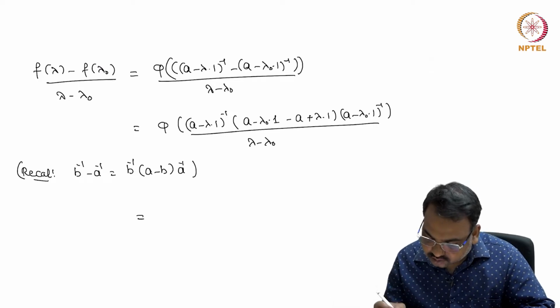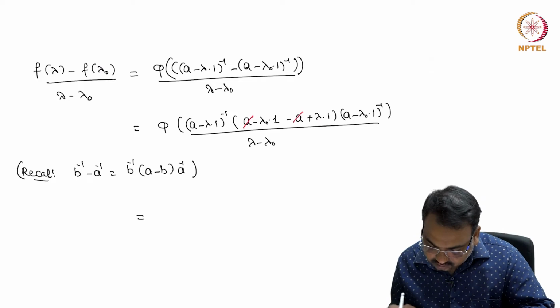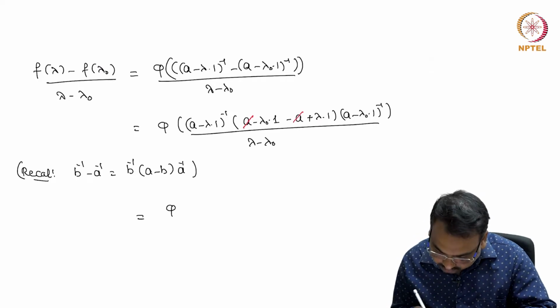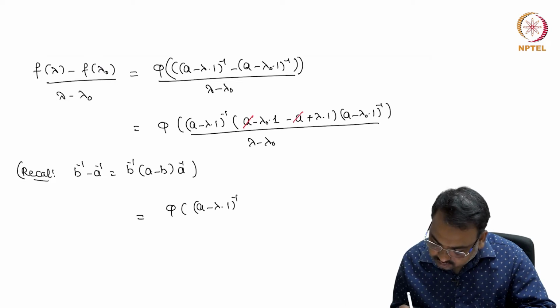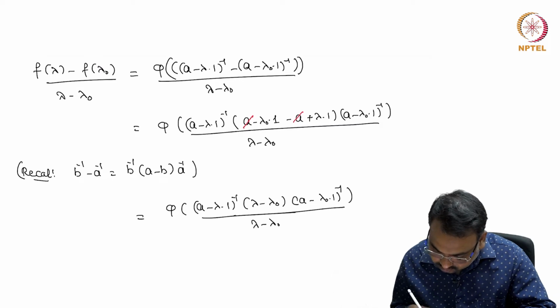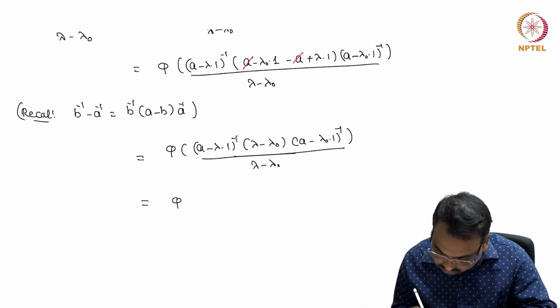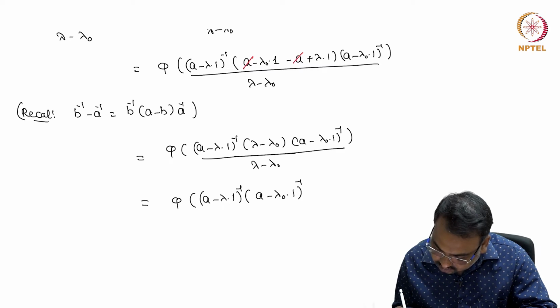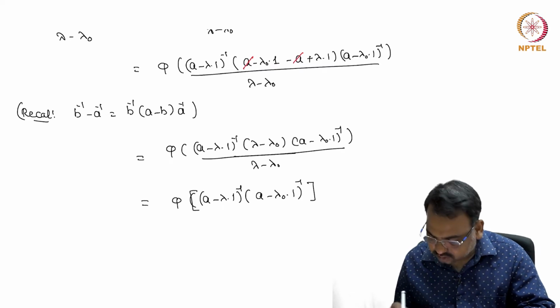Okay, so we can cut down these things. You will get phi of (A minus lambda 1) inverse multiplied by (lambda minus lambda naught) times (A minus lambda naught 1) whole inverse divided by lambda minus lambda naught. So this is nothing but phi of (A minus lambda 1) inverse multiplied by (A minus lambda naught 1) inverse.